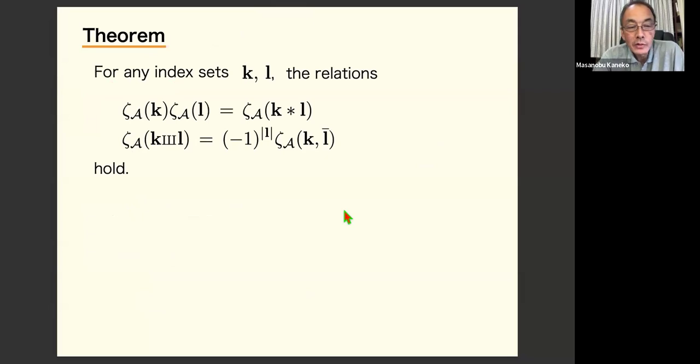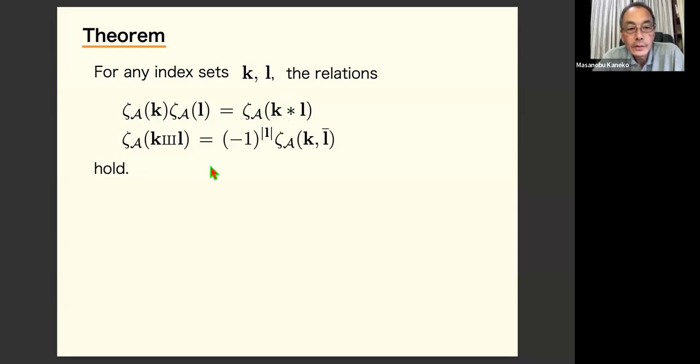So, analog of double shuffle relations, we have a theorem. For any index sets K and L, this first relation is an analog of the star product, a version of the star product.